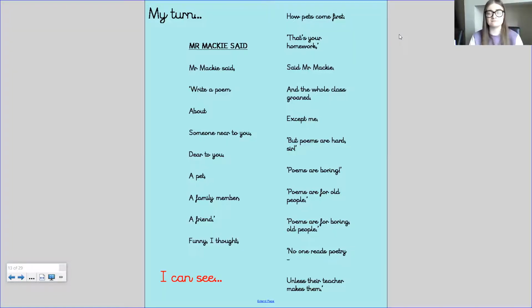"Mr. Mackey said" is not a full sentence. So you can split your sentence into different lines. Because if you have a look, "Mr. Mackey said, write a poem about someone near to you, dear to you, a pet, a family member, a friend." That's 8 lines just to do one normal sentence, okay? So it doesn't have to be a sentence per line.